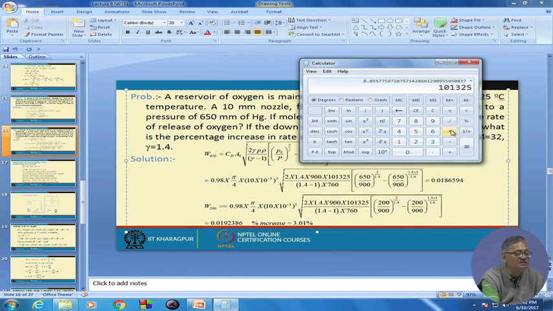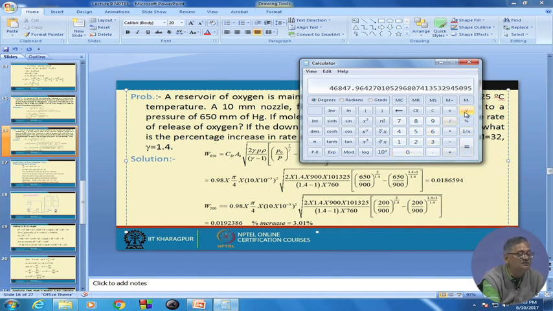This times 101325 times 900 times 1.4 times 2, right, is equal to this divided by 1.4 minus 1, that is 0.4, divided by 760, is equal to so much.